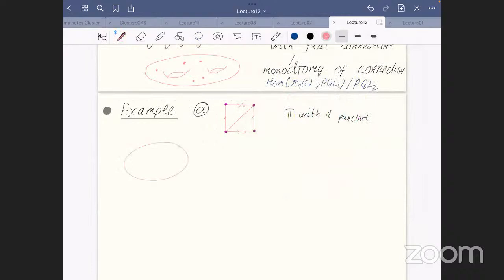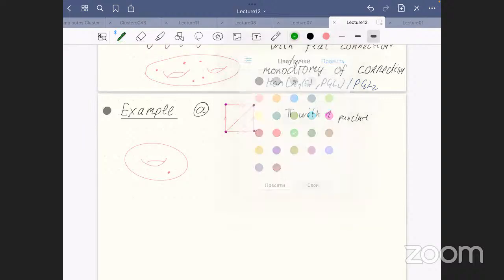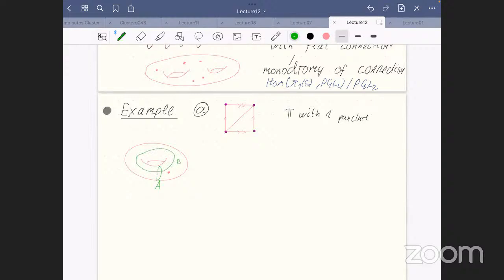If you think about the torus topologically, then its fundamental group is generated by two paths, one say A and another B. So in this case the fundamental group is F2, a free group generated by, let me write, gamma A, gamma B, in the sense that A and B are elements of the homology.